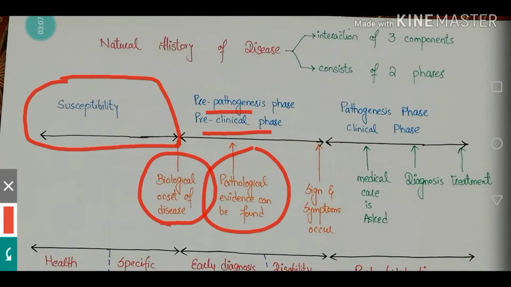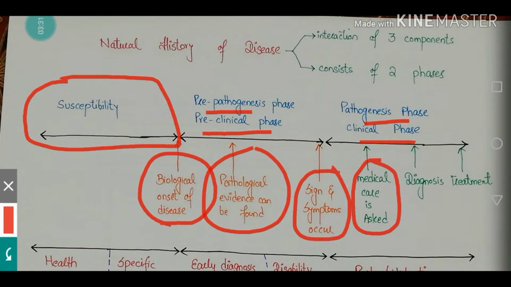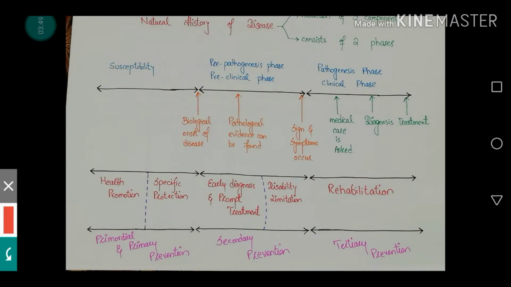But at the end of this stage, signs and symptoms will eventually start to appear. Then comes the pathogenesis phase or the actual clinical phase. In this phase, the patient will come to the doctor and ask for medical help, that something is wrong with their body, and they will require a proper diagnosis and eventually treatment.